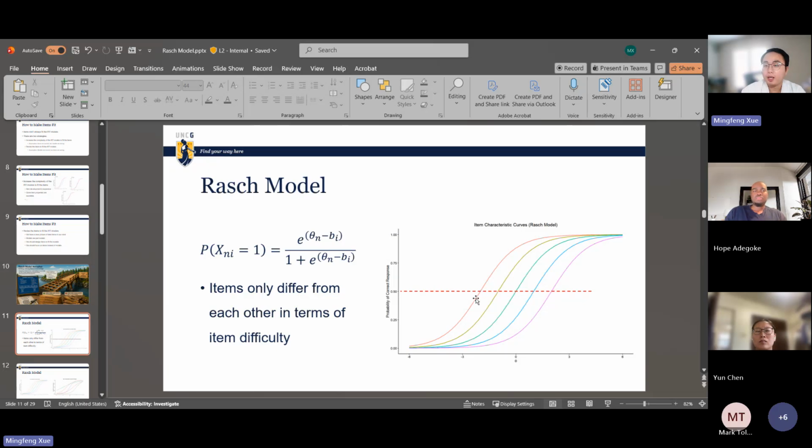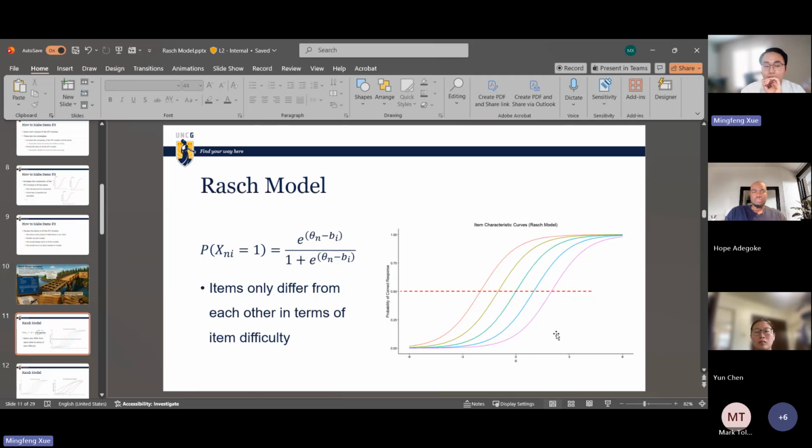For the red curve, you can see the intersection between the dashed line and the curve, whose x is maybe negative 2.5. So this is the difficulty of the red item, and the brown one is maybe negative 1, the green around 0, the blue around 1, and the purple around 2.